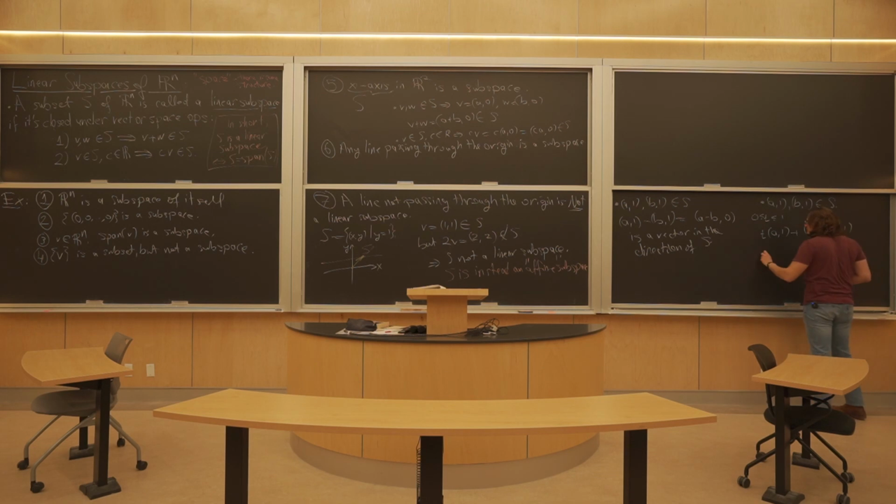Okay, so let's add this up. This is ta comma t plus 1 minus t times b comma 1 minus t. And then when I add these up, I get this. And you see, this is again in S.